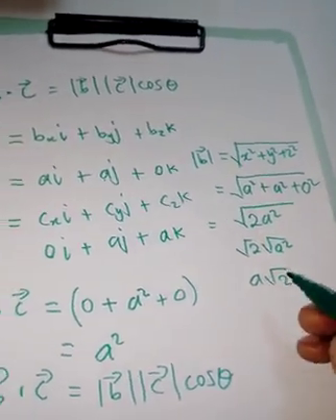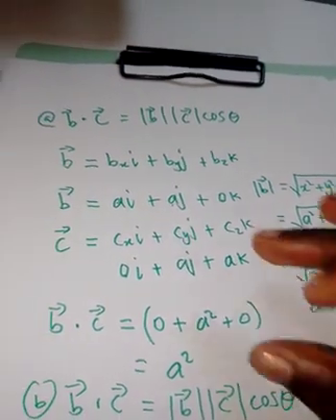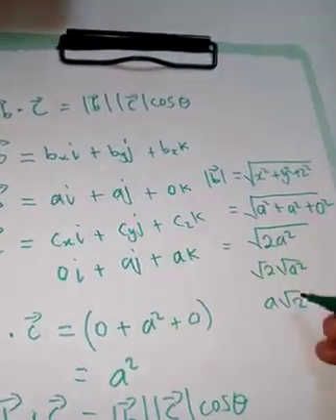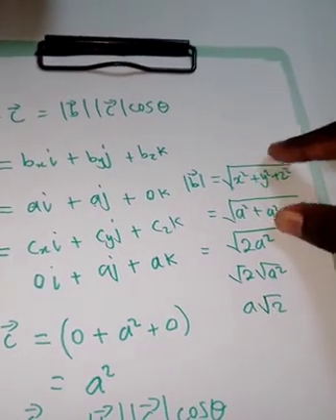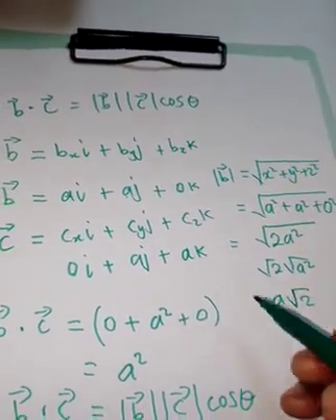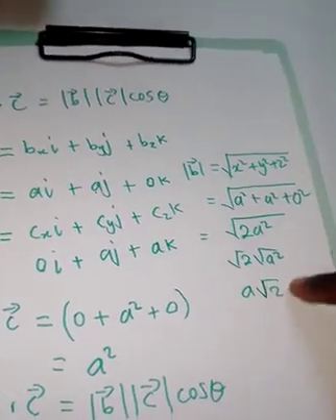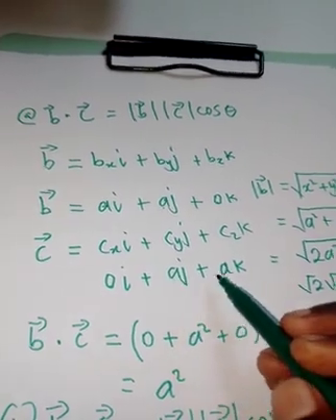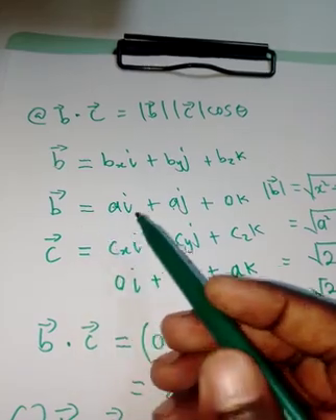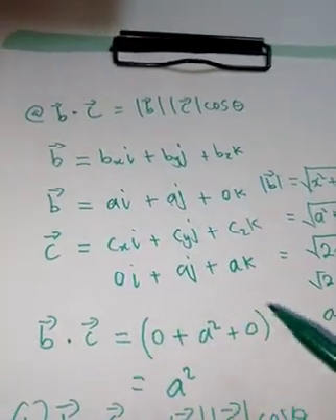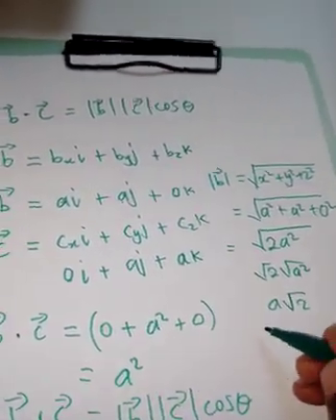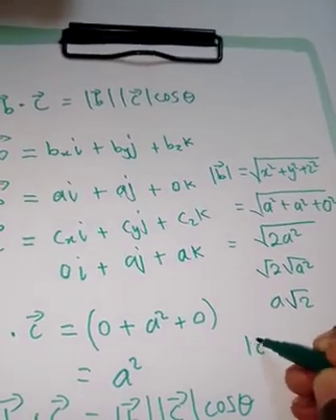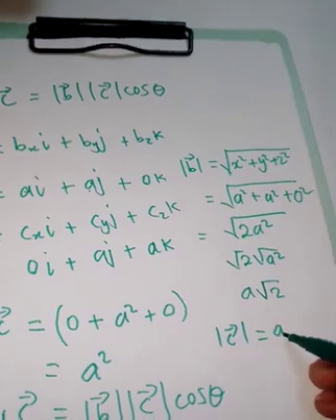Then we should do the same and find the magnitude of C there. Okay, so if you do the same, you actually get magnitude of C to be the same as the magnitude of B. Remember, even C only has A there. Even B only has A, the other one is 0. So we expect its magnitude to be A root 2 as well.